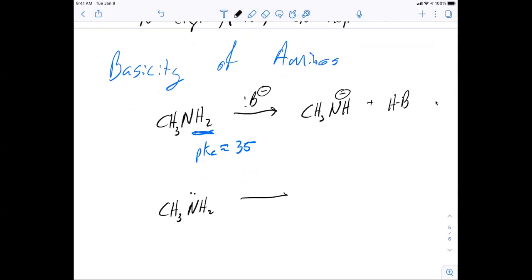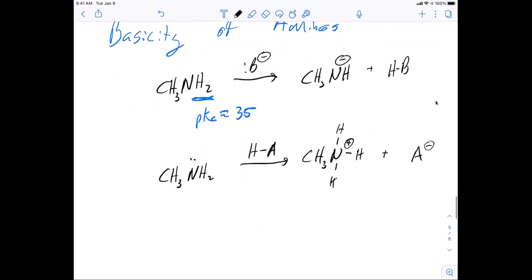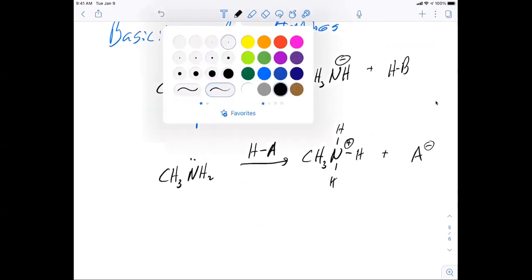What if that proton is being used not as an acid, but as a base? And then this becomes the pKa over here.